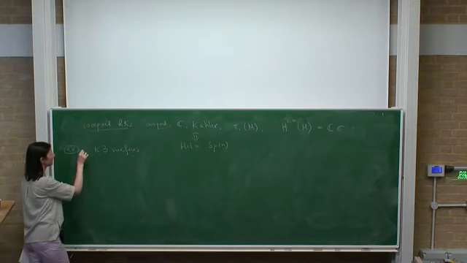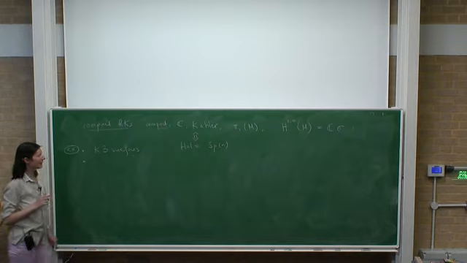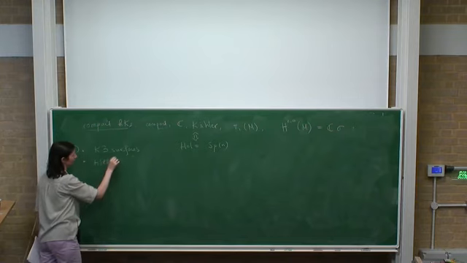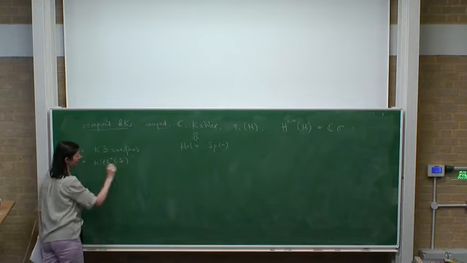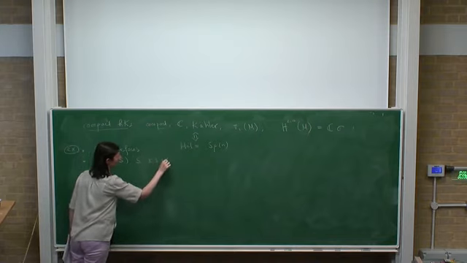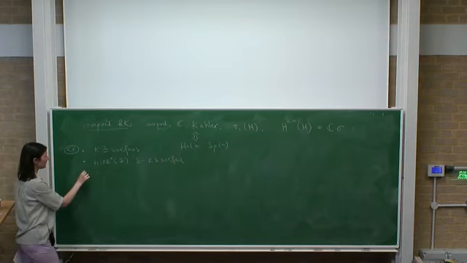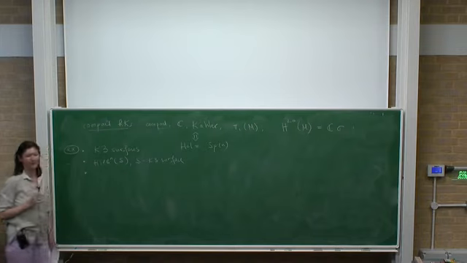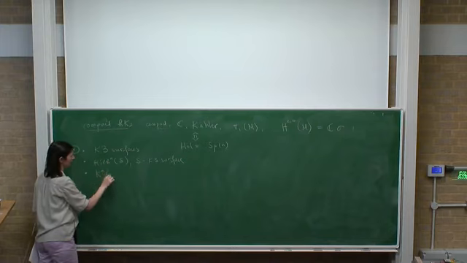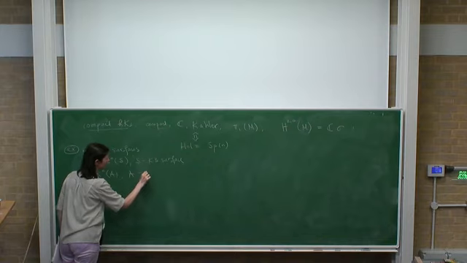And then you have higher analogs of K3 surfaces. For example, you can have the Hilbert scheme S^[n], where S is a K3 surface. You can also have generalized Kummer varieties, K_n(A), where A is an abelian surface.